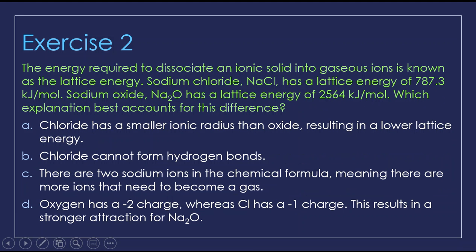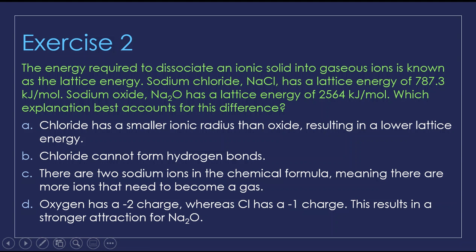All right, exercise 2. Energy required to dissociate ionic solid into gaseous ions is known as lattice energy. We have NaCl's lattice energy versus sodium oxide's lattice energy, which is much, much higher, 2500-ish. So, which explanation best accounts for this difference? It's going to be the magnitude of charge, okay? And you could also look for the fact that the chloride is going to be larger than the oxide.